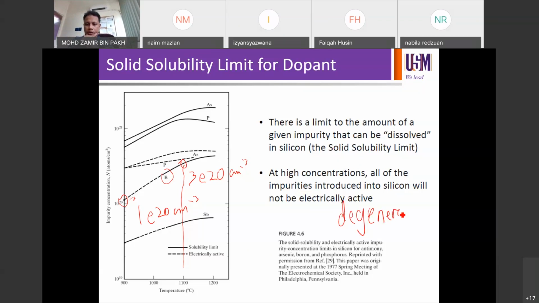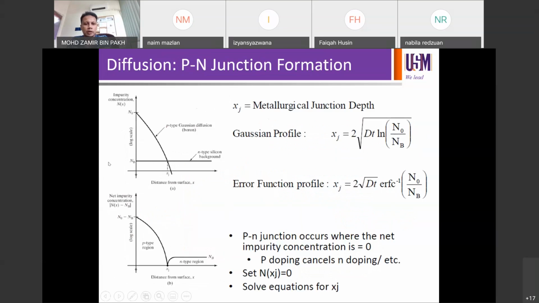You can revisit when we start to create degeneracy in semiconductors. So you should know your maximum limit, especially if you want to dope your silicon at a very high doping level. That means you know the theoretical limit, the ceiling of the process at a certain temperature.